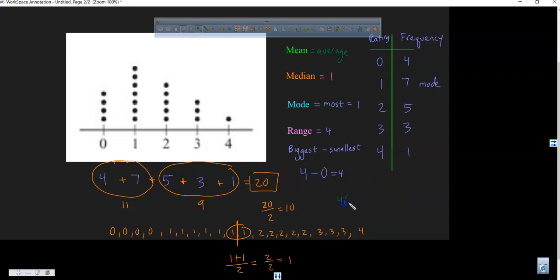You got 4 zeros plus, you got 7 ones, plus you've got 5 twos, and you got 3 threes, and then you got 1 4.